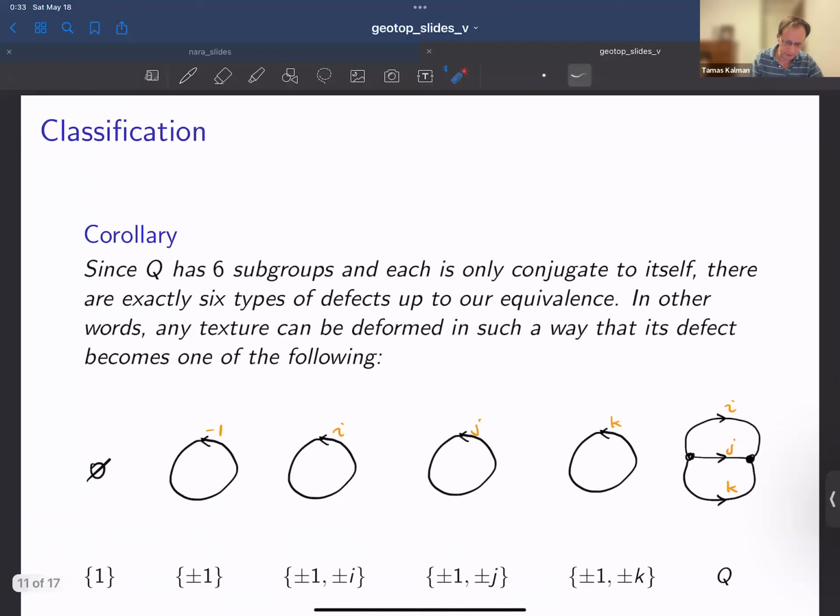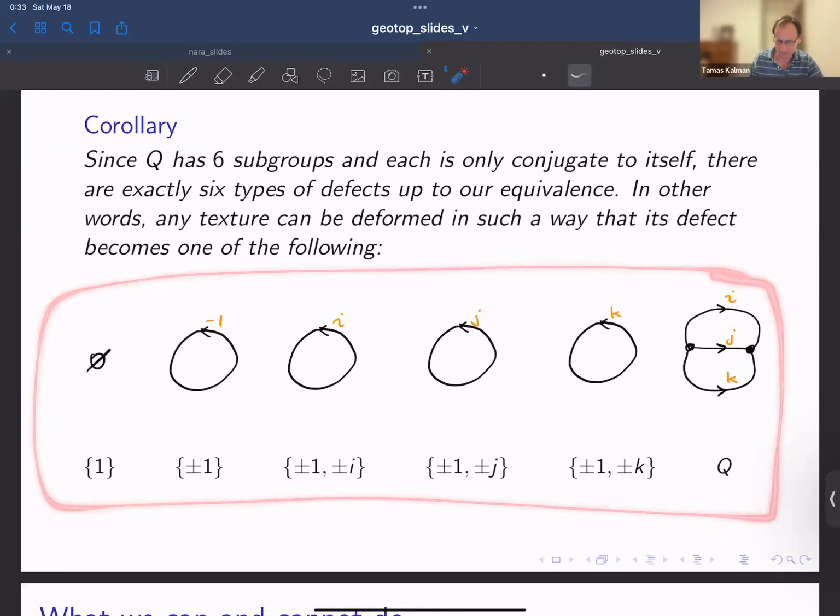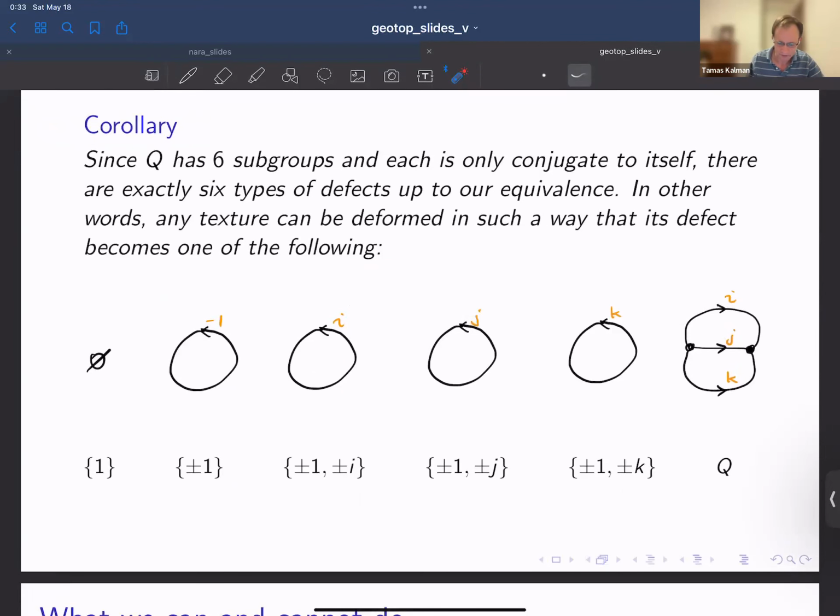Our group Q has 6 subgroups. Each is only conjugate to itself. Therefore, there are 6 types in the system. As I set up my mathematical model, in that model there are 6 types of defects. Well, maybe there is no defect that corresponds to the trivial subgroup.